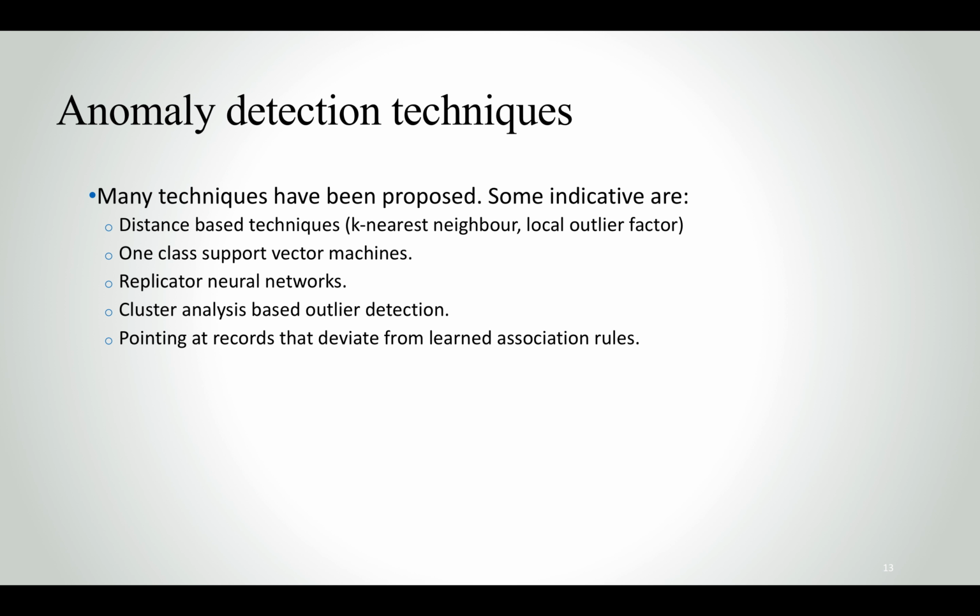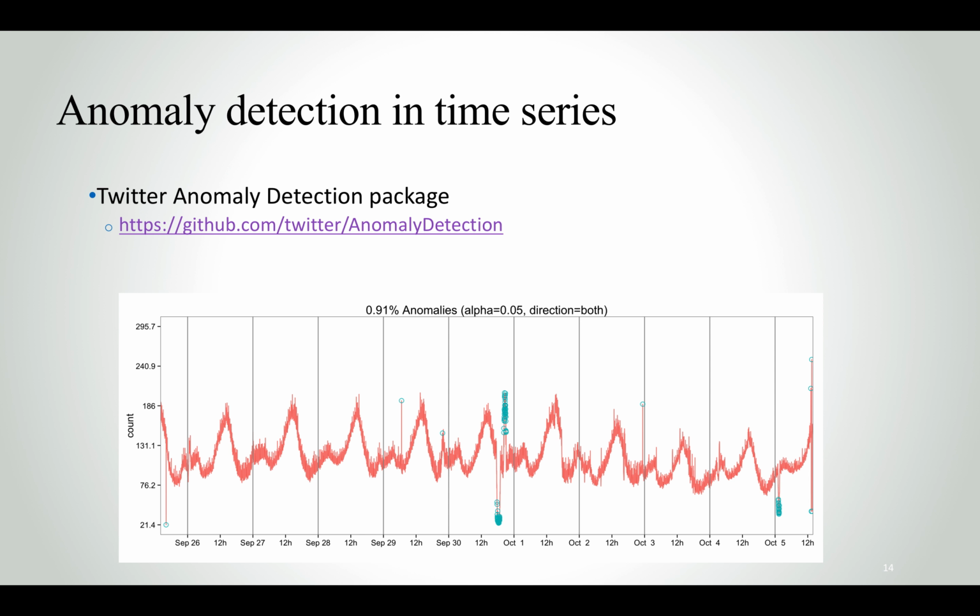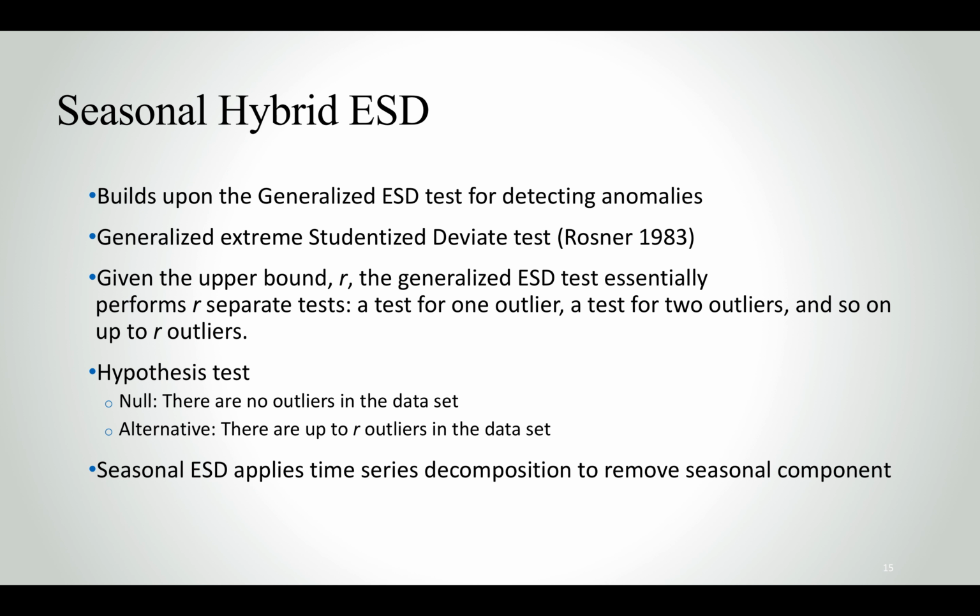However, within the context of time series, a very good method which was developed by Twitter and released as an R package is the Twitter anomaly detection package, which was created specifically for detecting spikes in mentions on Twitter. This method builds upon the generalized ESD test for detecting anomalies, where ESD stands for extreme studentized deviate test.